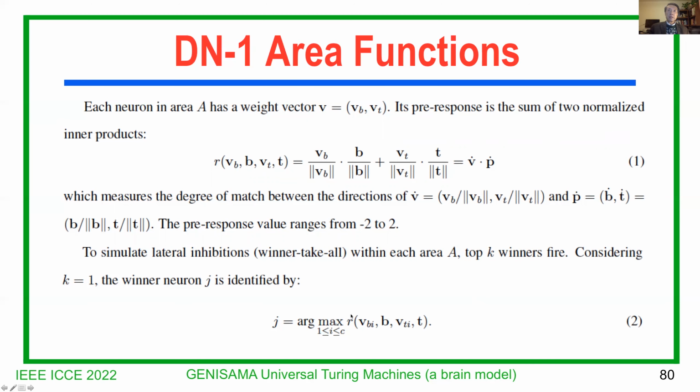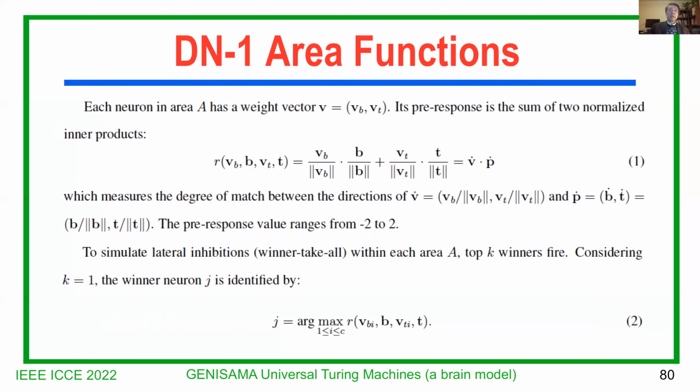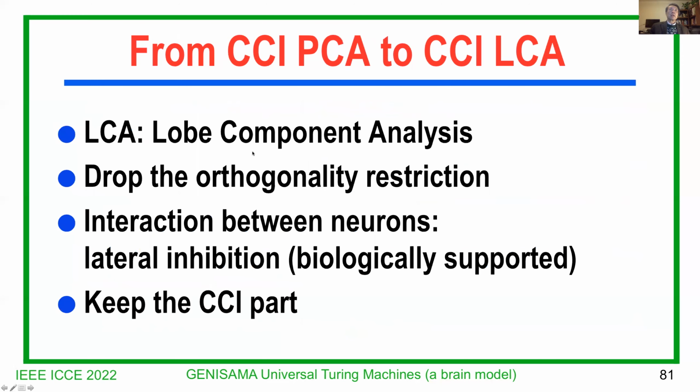And you find the maximum response. For all the neurons i between 1 and c, you find the highest pre-response, you find a winner. Then the winner will update. Losers will not update. Before we move on, let's look at lobe component analysis.